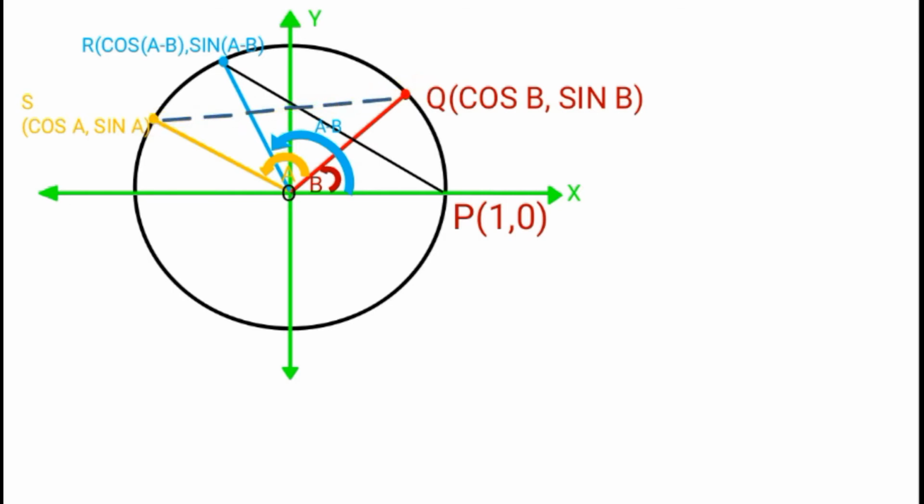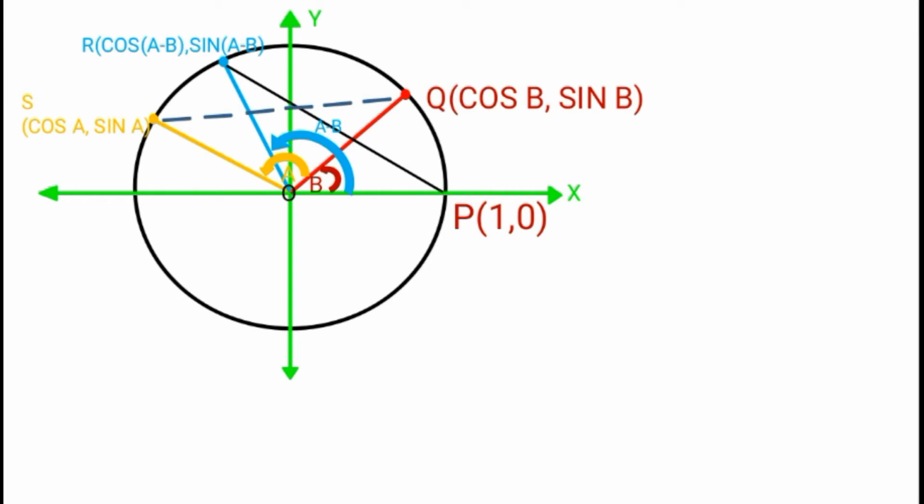And also R and P have a certain distance. So what do you know about these distances? Knowing that this angle right here is A minus B, and this angle between the red and the orange is also A minus B.